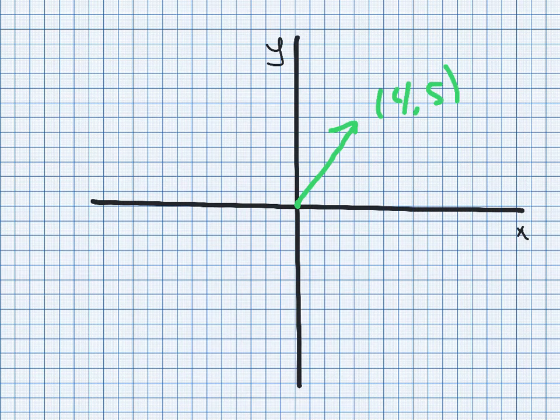My direction, obviously, is my angle from the positive x-axis. We will learn how to measure it that way as well. But component form simply takes these two numbers, the 4 and the 5, and represents them just like we would represent an ordered pair. However, to show that it's a vector, I use angle brackets like this. So this vector is ⟨4, 5⟩, and to show that it is a vector, I put them in angle brackets like so.